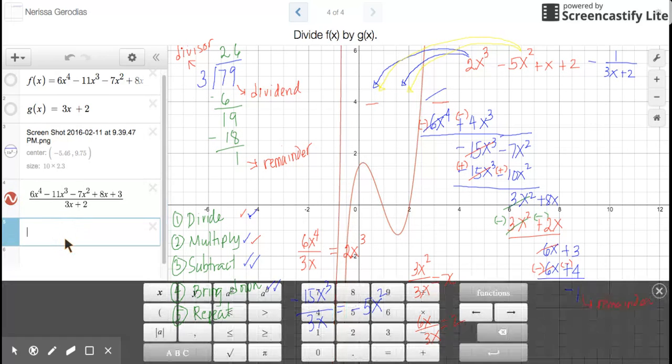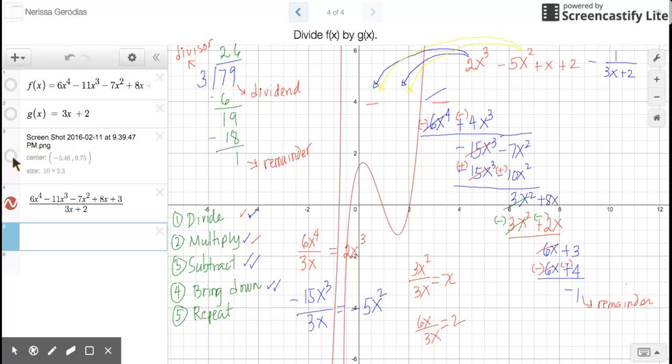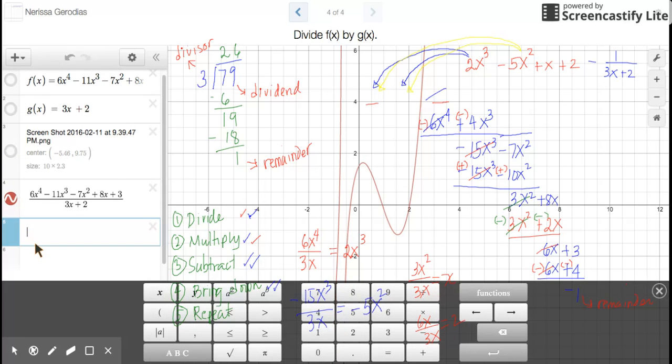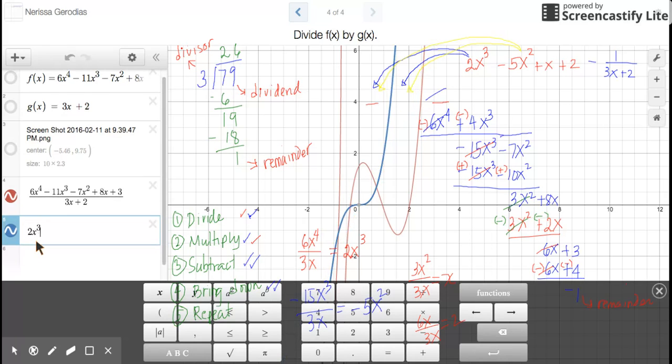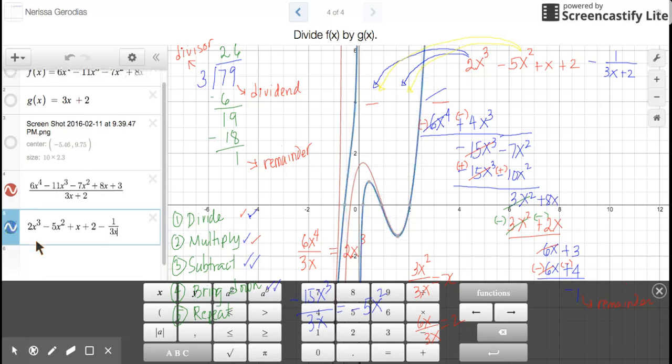Now let's put our answer here and see if we're going to have the same answer, the same graph. So let's put here 2x to the third minus 5x squared plus x plus 2 minus 1 over 3x plus 2.